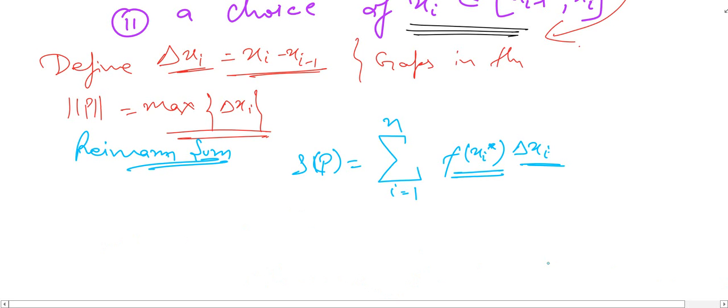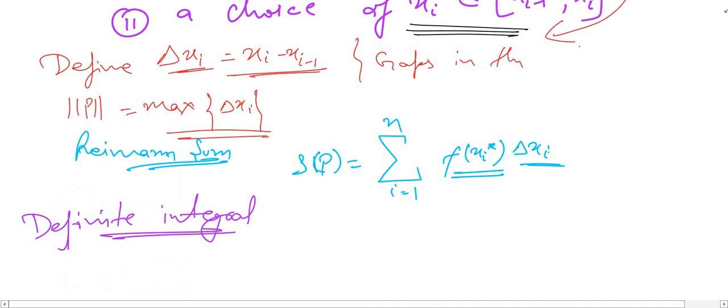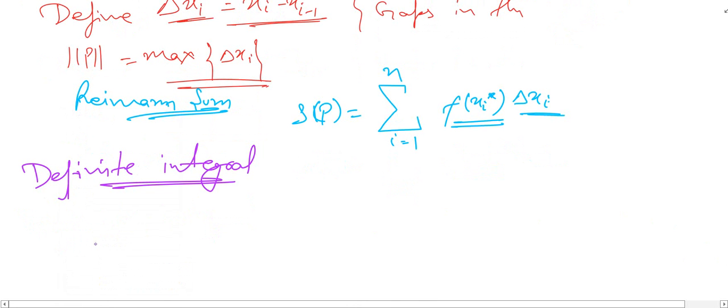So the definite integral is defined as follows: let f be a function from D to R for some domain D belonging to R. Suppose the interval AB is in the domain.